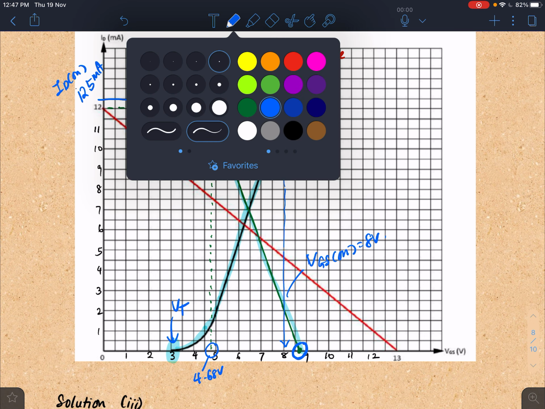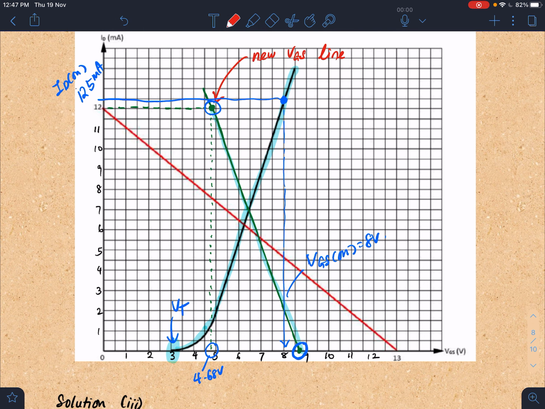Or you can choose here. What is the VGS? It is 7, so VGS on is 7 volt and the ID on is 9 milliampere.